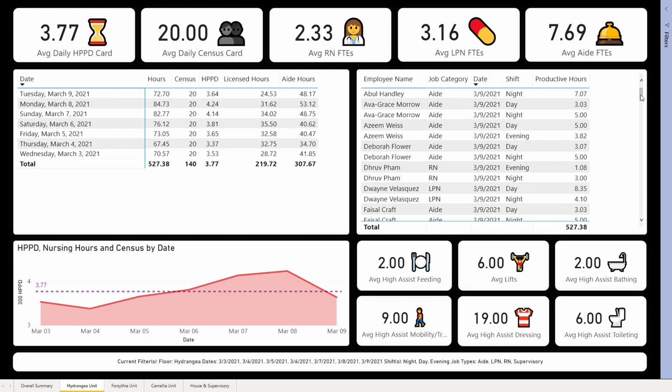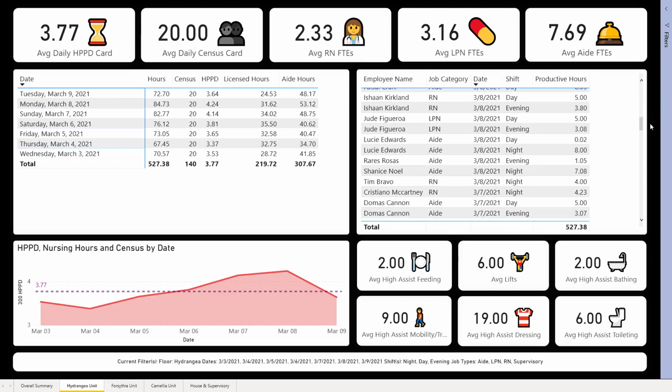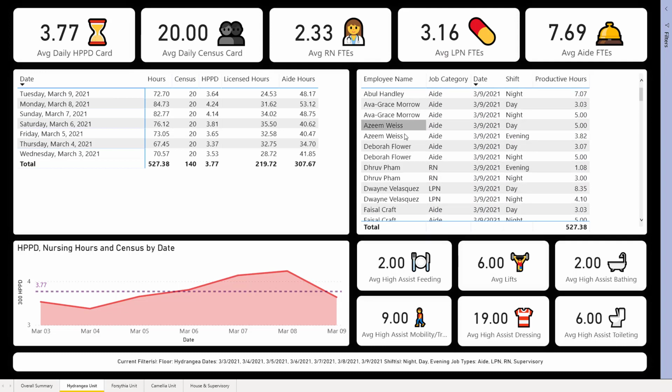And what I've had is some clients actually will use this, their scheduler will use this to see, I know I had scheduled these people, how many are staying a little longer than the original scheduled shift, how many left early, that kind of thing. They can quickly validate who came in the building and who not. And this is all pretty much real-time information. So it's very useful to the scheduler or manager.